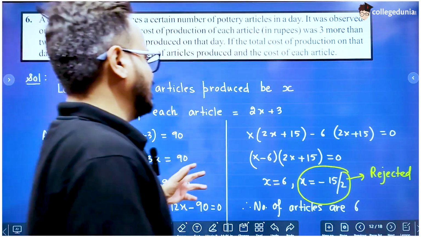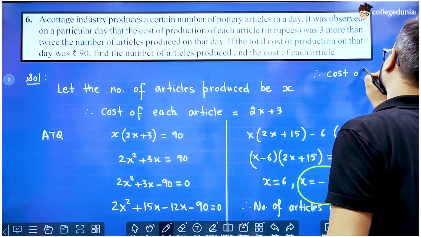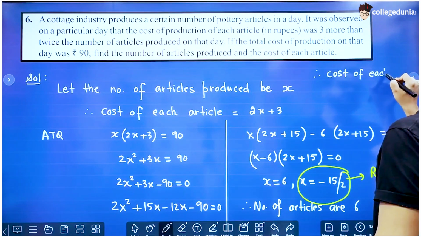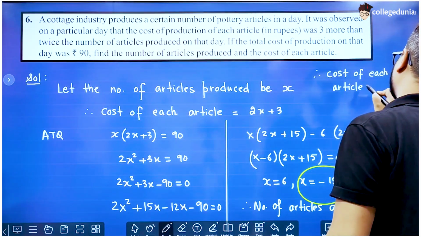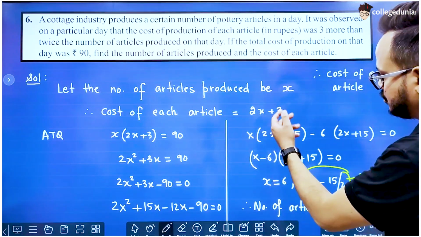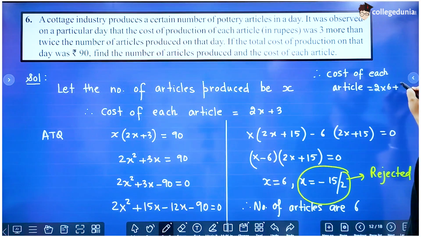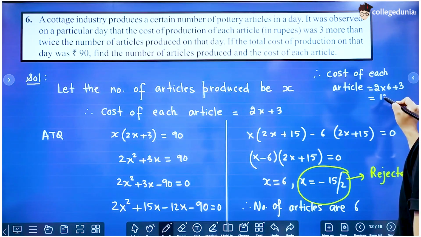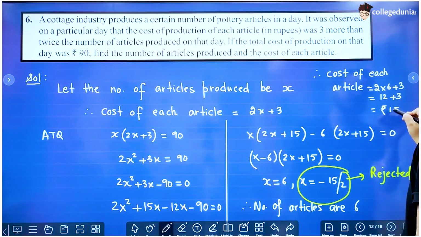And the cost of each article is 3 more than twice the number of articles, that is 2 into 6 plus 3, 12 plus 3. Cost of each article is rupees 15.